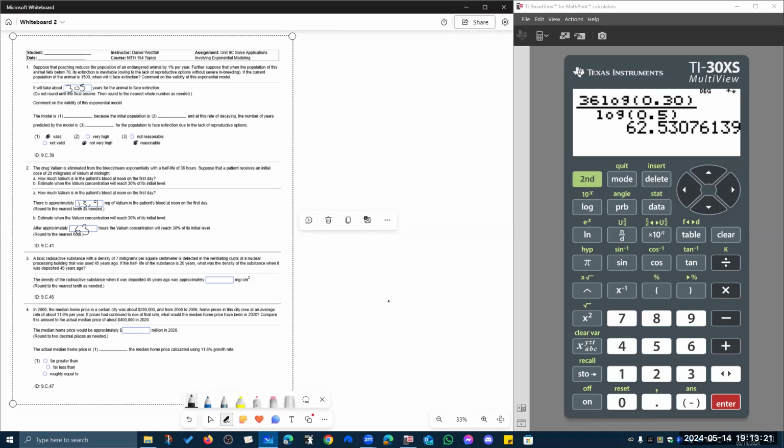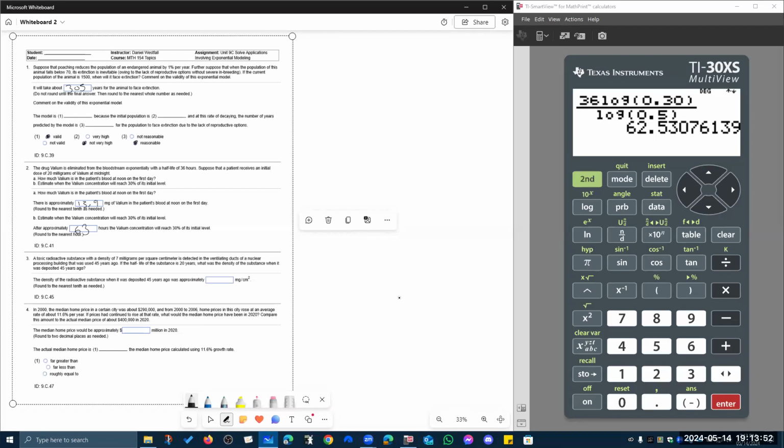A toxic radioactive substance with a density of 7 milligrams per square centimeter is detected in the ventilating ducts of a nuclear processing building that was used 45 years ago. The half-life of the substance is 20 years.